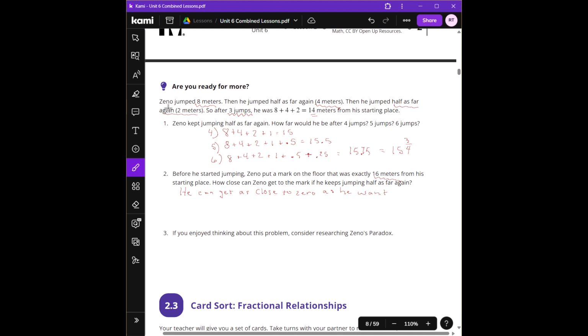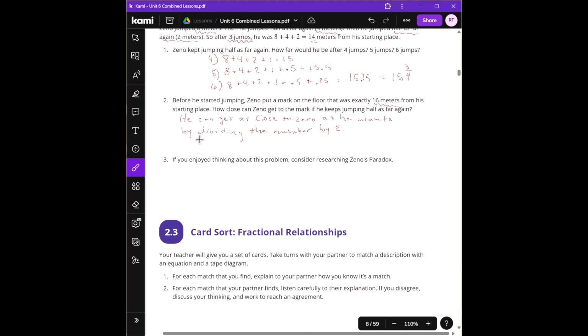Eventually, it's going to be such a small jump he won't be able to do it. But in theory, he can get as close to 0 as he wants by dividing the number by 2. And that's what we saw up here. This is what we did up here.